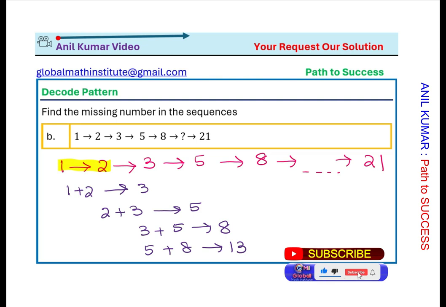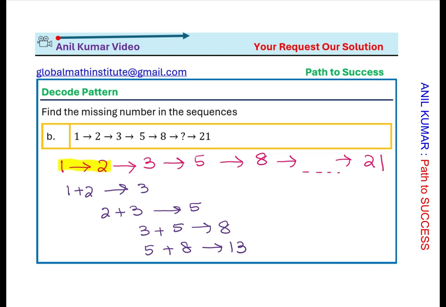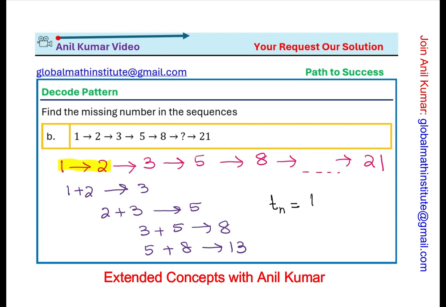So the sum of the previous two is the value of that term, right? Technically, it is also written as, let me write that down, it's an important formula. The nth term is equal to the sum of the previous 2 terms, so n minus 2 plus n minus 1.